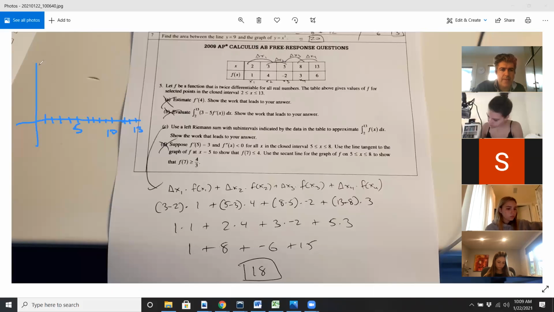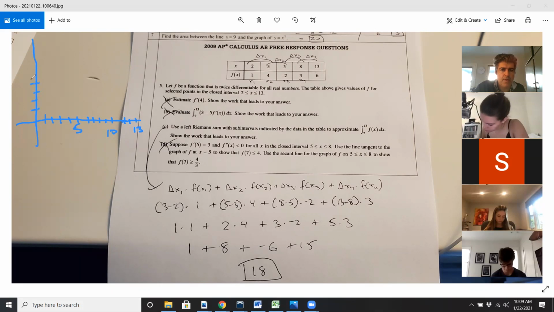And it looks like some of these y values are negative. So 2, 1 is a point right here. 3, 4 right here. 5, -2 right there. 8, 3 right here. And lastly, 13, 6.